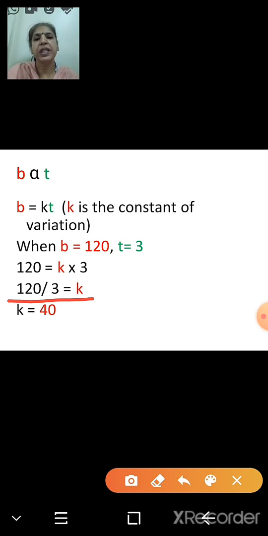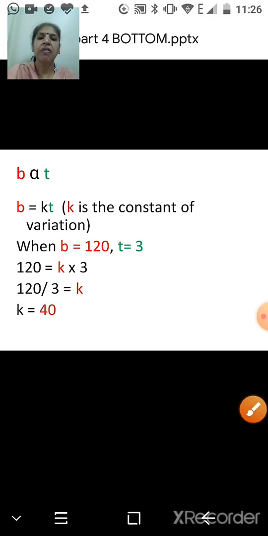So, 120 divided by 3 is equal to K. Now, divide 120 by 3. Answer is 40, because we know 3 4s are 12 and it is 120. So, K is 40. Here we have got the constant, and that is K is 40.